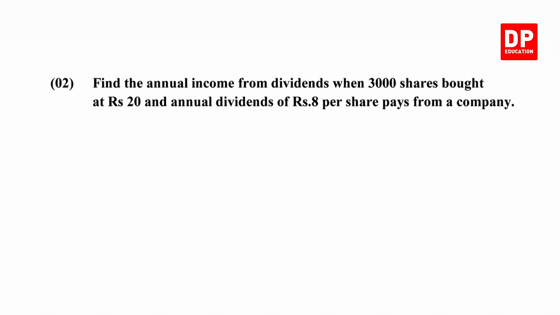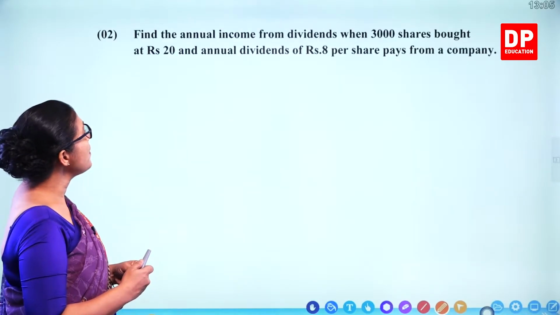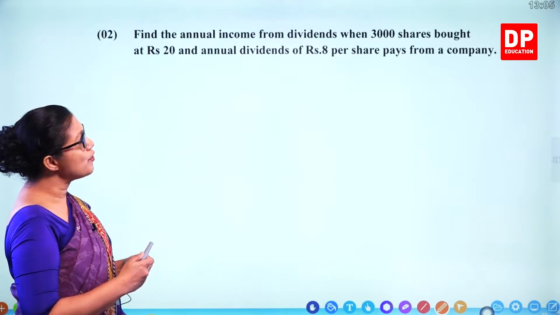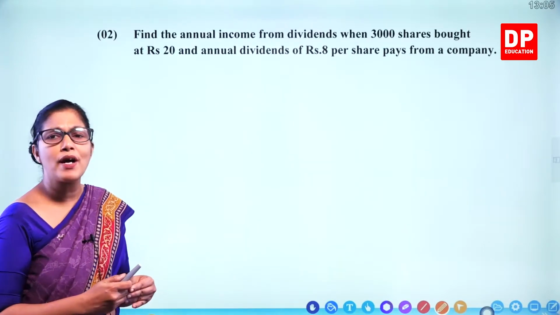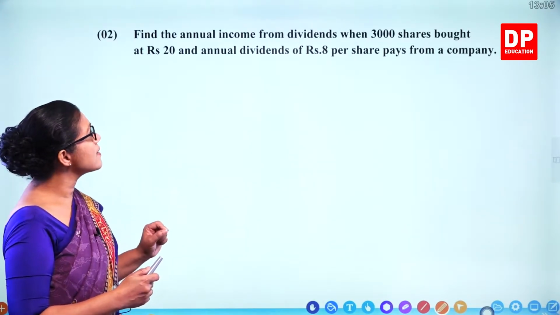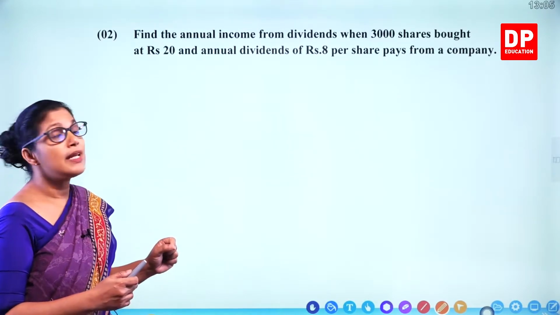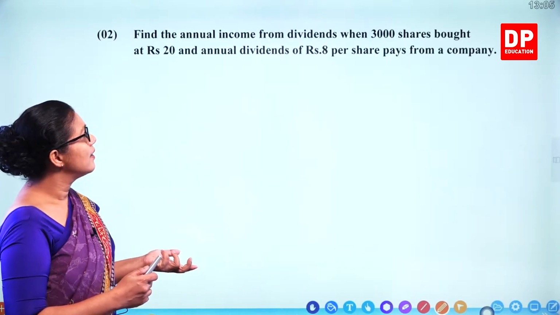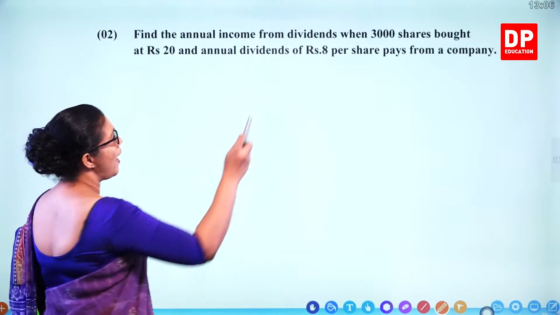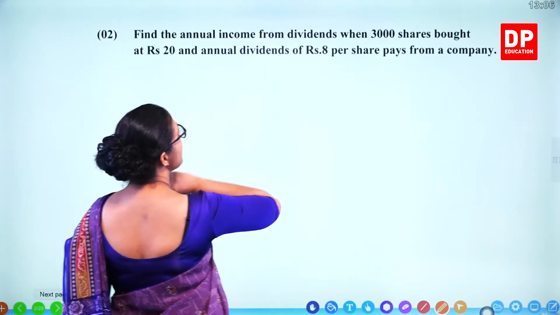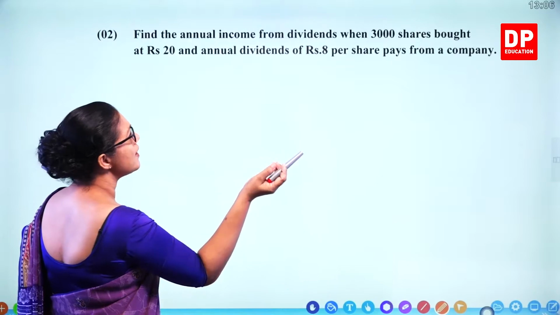Question number 2. Find the annual income from dividends when 3,000 shares bought at 20 rupees and annual dividends of 8 rupees per share paid from a company. So they are just asking what is the annual income from dividends. So dividend value per share is 8 rupees. How many shares? 3,000.